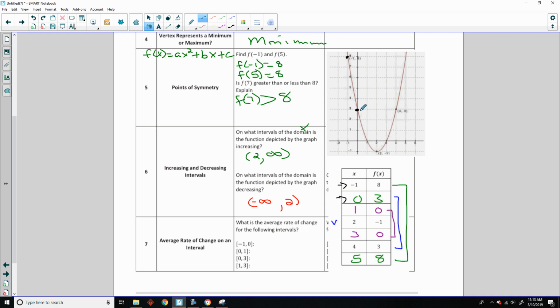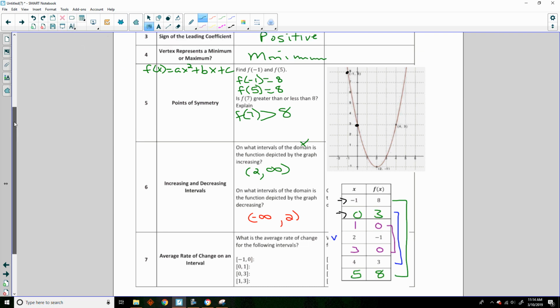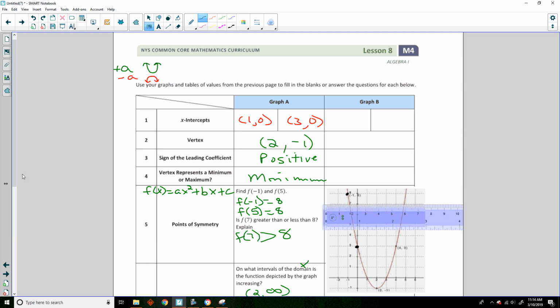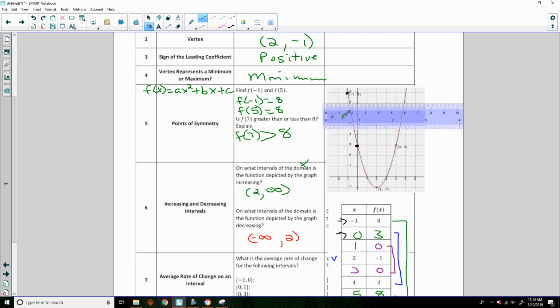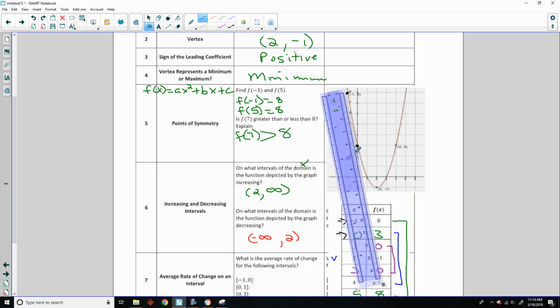Okay, so average rate of change is like a linear function. So if I got my ruler out, and I put it right on this point and rotate it through this point, as accurately as possible, then what I'm asking is what is the slope of that line?